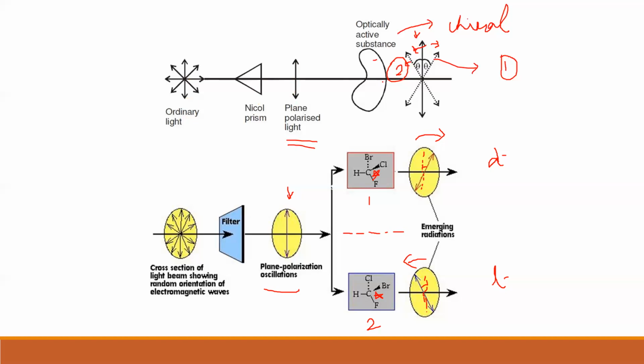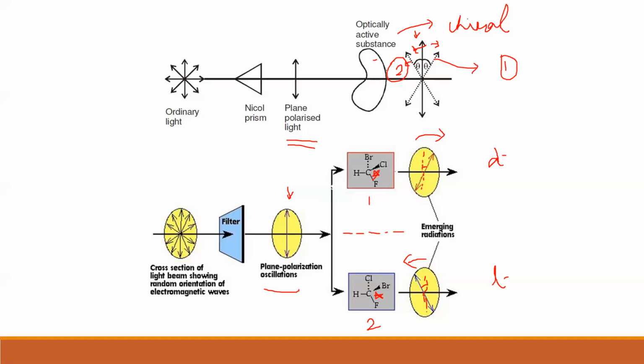When we pass that light through an optically active compound, which can either be dextrorotatory or levorotatory, it will rotate the plane of the polarized light either to the right or to the left. If it rotates to the right, we call such a compound dextrorotatory. If it rotates to the left, we call such a compound levorotatory.